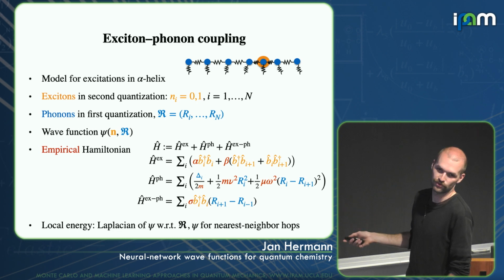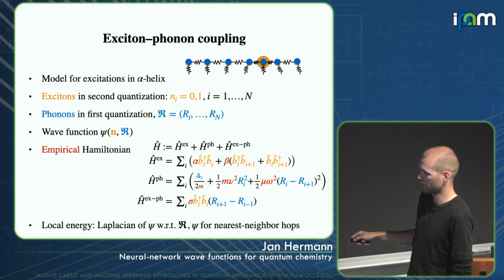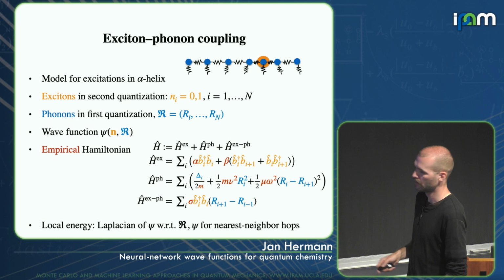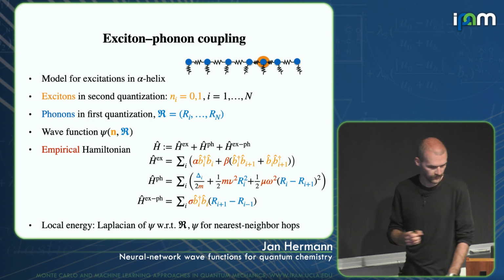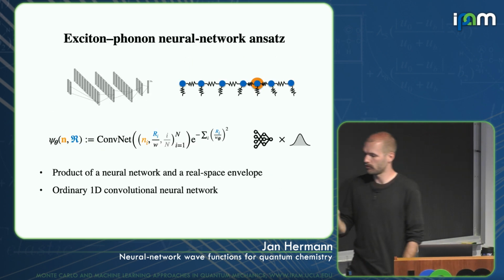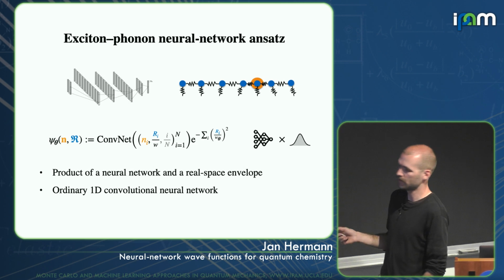The only thing that's really relevant for QMC is that you can just plug this into the expressions that I had before, and you can derive the local energy, and you can just run the same QMC algorithm that you would run for electrons. So the only remaining thing is to say what neural network you use, and here it's really simple, right?